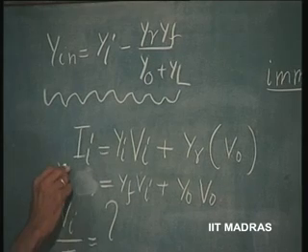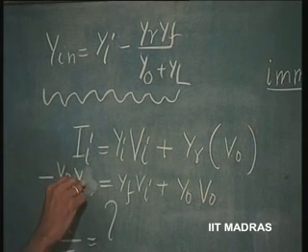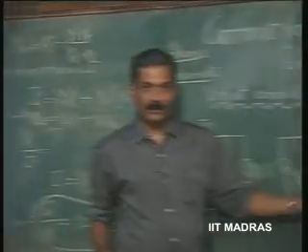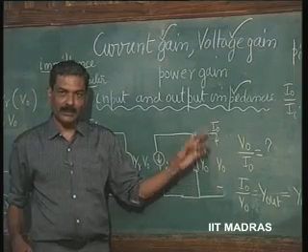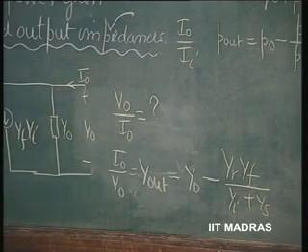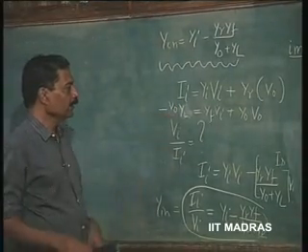Minus V naught into YL, because V naught is this, and there will be YL admittance here, and the current flowing in that is going to be in the opposite direction to what we have assumed. So this is always going to be minus V naught into YL.